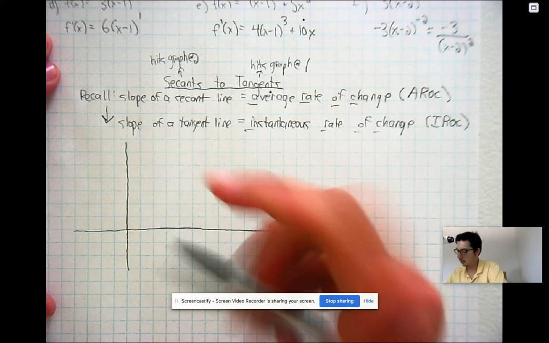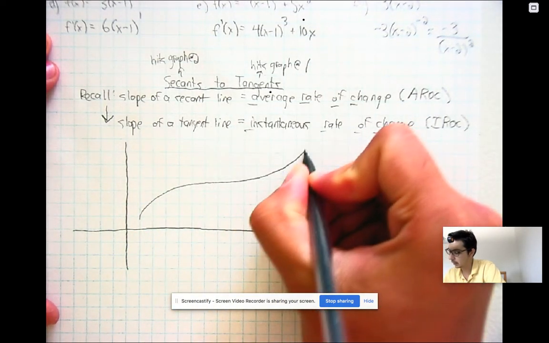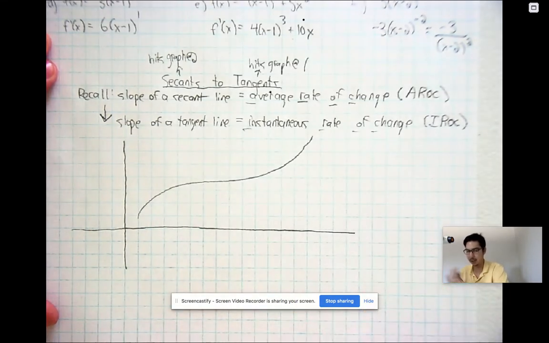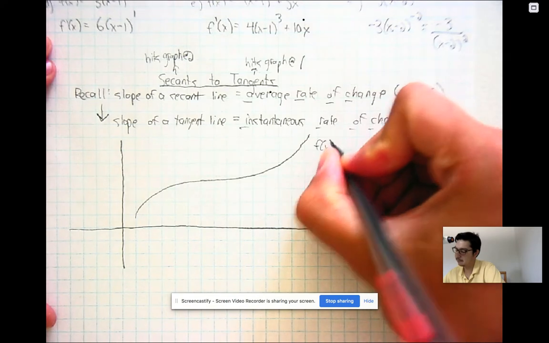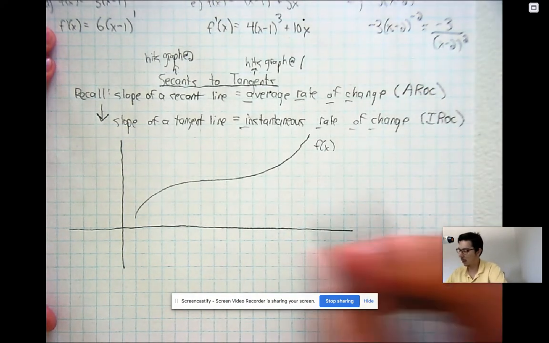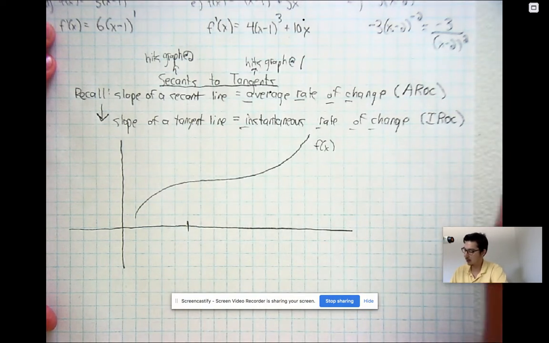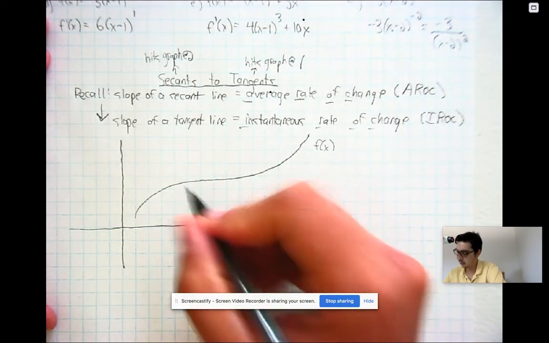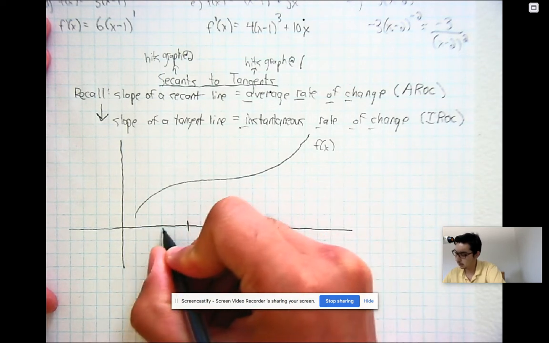Say that I had an arbitrary curve that looked like this. Right? Arbitrary, random, I just drew it. Some function f of x. Right? And say I wanted to find the rate of change, or the slope at x equals 1, 2, 3, 4, 5, at 5.